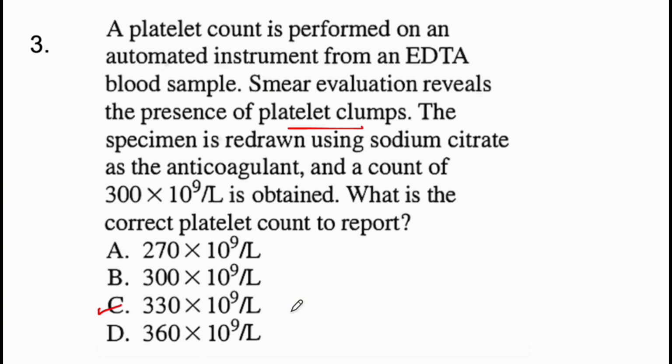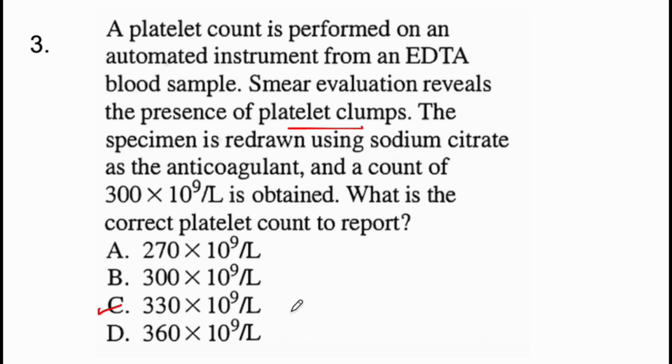Platelet clumps in EDTA suggest EDTA-induced pseudothrombocytopenia. The standard procedure is to redraw the sample in the light blue top sodium citrate tube. However, citrate tubes have a 1:9 anticoagulant to blood ratio. This dilutes the sample.